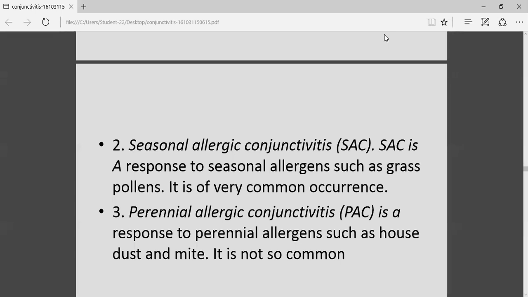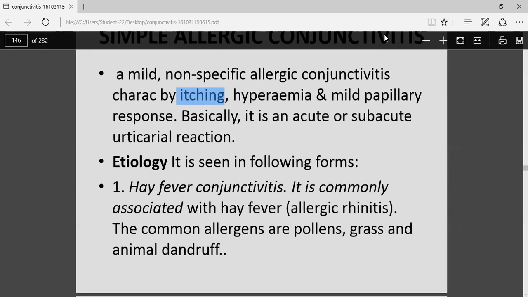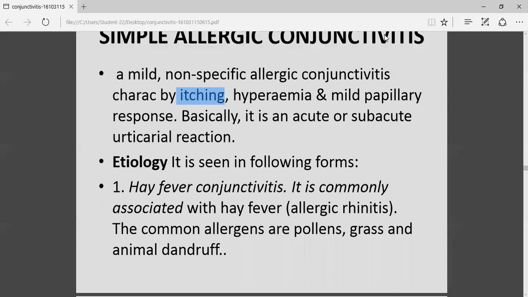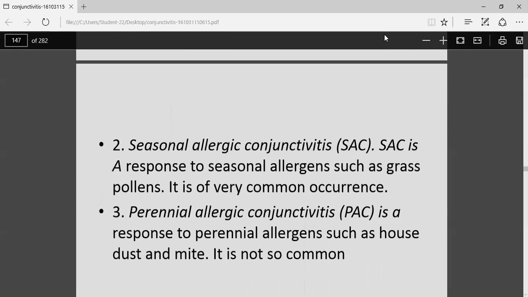Perennial means it can occur throughout the year. It's not necessary that it occurs in some season. So perennial is an allergic type of conjunctivitis basically due to dust. Seasonal is due to some specific season, and then there is hay fever, especially secondary to allergic rhinitis, like pollens, grass, and animal dandruff.